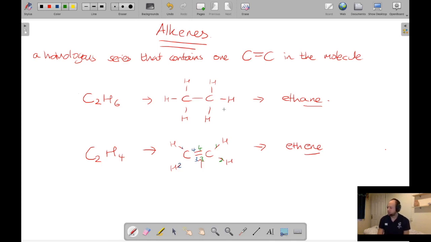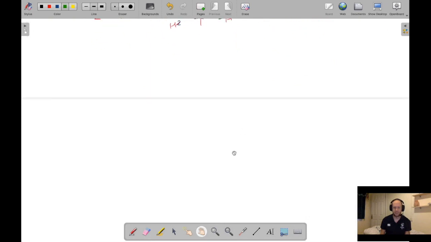All right, let's go through the first few alkenes and see if we can spot a pattern. Obviously we've done ethene already. We've also got propene, butene, pentene. Obviously we'll have hexene, heptene, octene, nonene, decene, etc. as we go through. Propene is going to be C3H6.